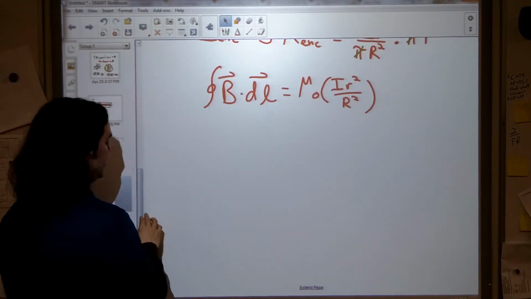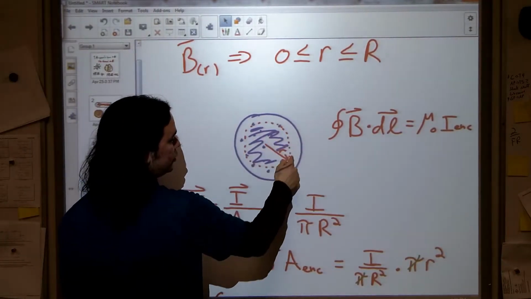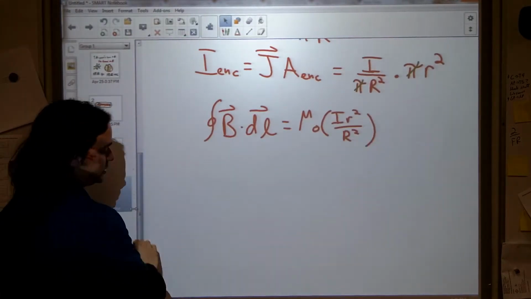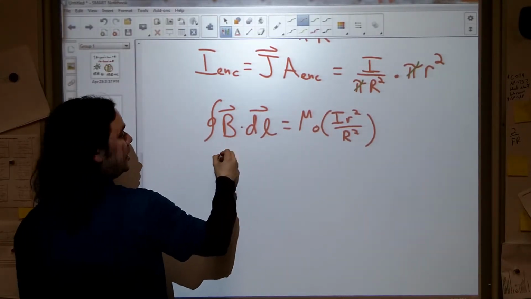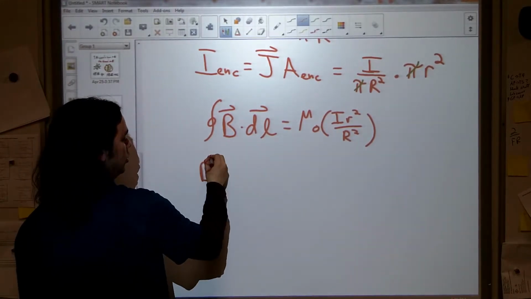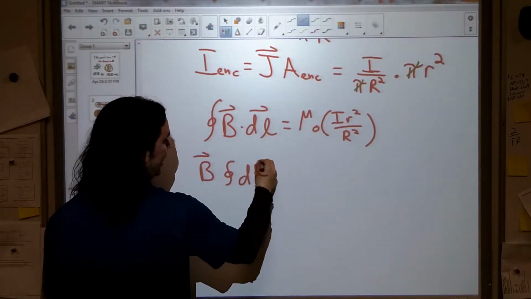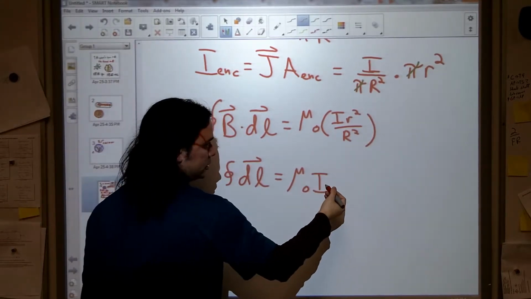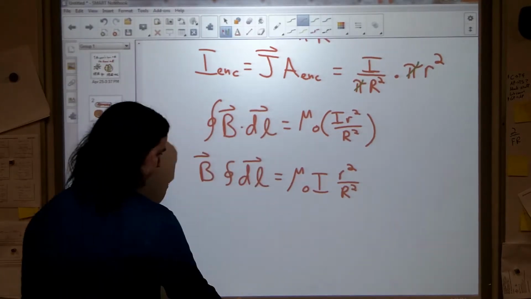All right, the idea behind this is we're going to end up just like with Gauss's law, where we have a uniform magnetic field at this distance r. So since it's a constant magnetic field, at least for that distance r, it can be pulled out of the integral, and we end up with B times the integral of dl is equal to mu naught times the total current in the wire, times r squared over big R squared.